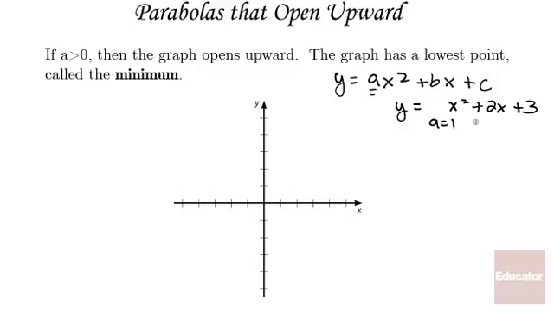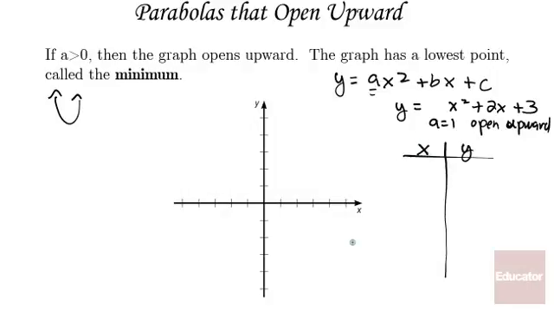That's going to tell me that this is going to open upward. So before I even start, I have the general idea in my mind that this curve is going to open upward. Now I'm going to choose some points so that I can make my graph. Starting out with x is negative 3.